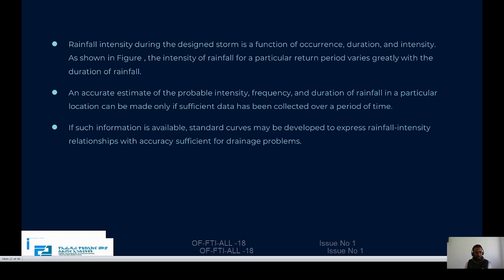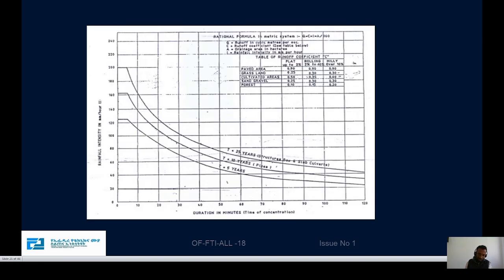Rainfall intensity during the design storms is a function of occurrence, duration, and intensity, and it is very important. An accurate estimation of the probable intensity, frequency, and durations of rainfall at a particular location can be made only if sufficient data have been collected over a period of time. So for example, this can be seen on the graph.